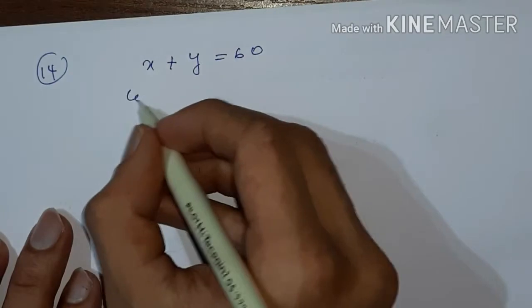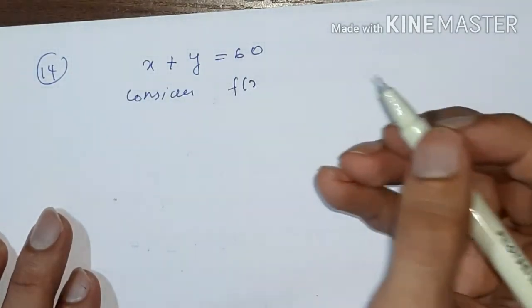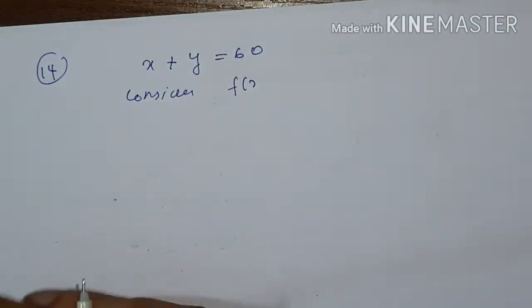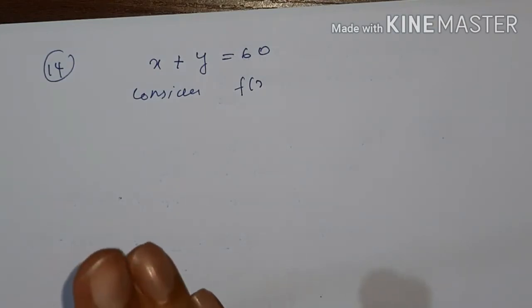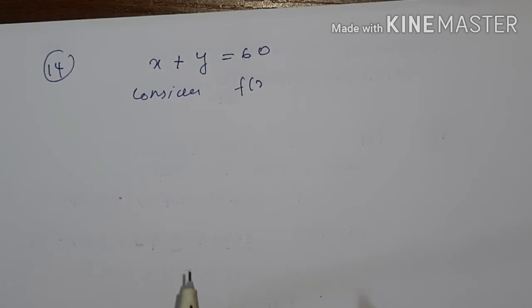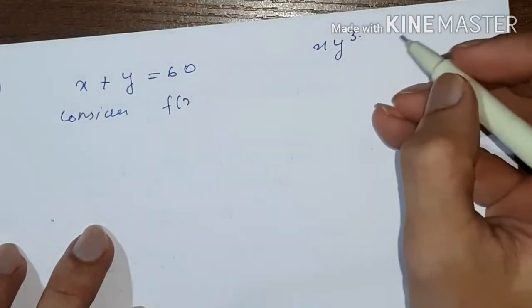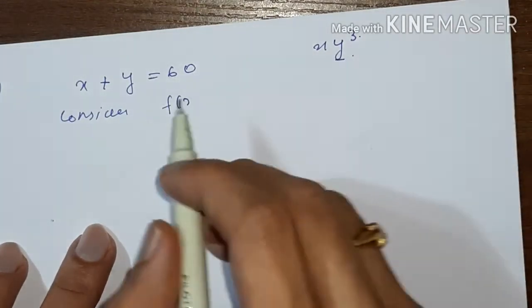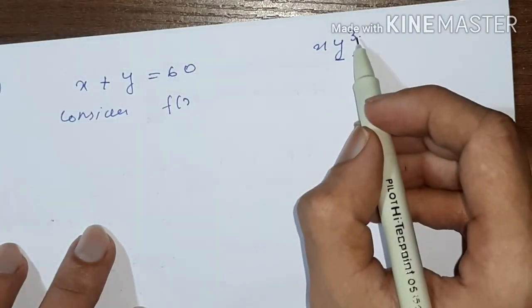Now for that you have to consider a function. You decide whether to take the function of x or function of y. That is important because you are finding a derivative and the derivative should be simple to calculate. What you have is x y cube. If you write y in terms of x, then you will get 60 minus x the whole cube.